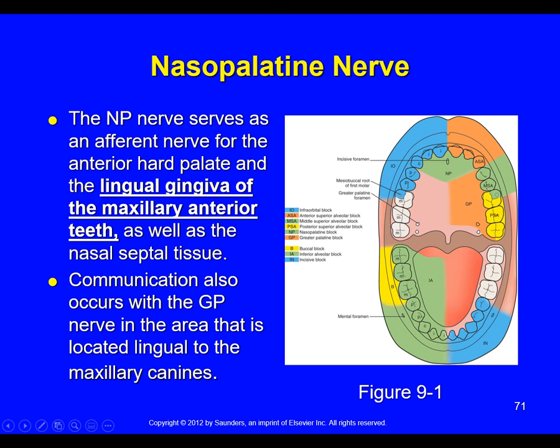So one injection, one nerve. This is the only area where there's one nerve. All of the rest of these have one on each side. So the nasopalatine nerve comes through the incisive foramen and innervates this anterior little segment here to numb the anterior hard palate right behind 6 through 11.